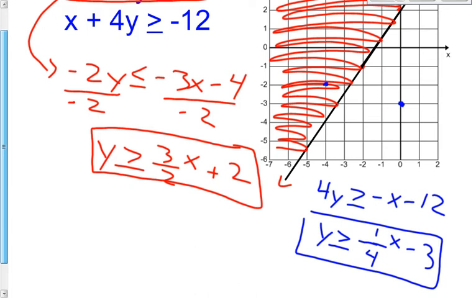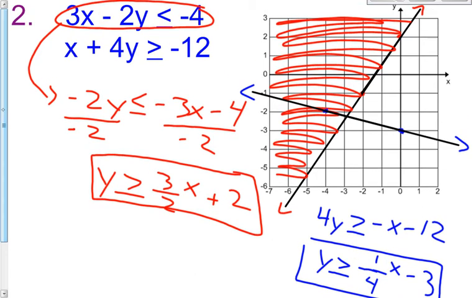And I'm going to connect these two with a straight edge. And this one I'm going to shade vertically. So I'm going to shade up and down, and it's everything greater than or equal to, so it's everything above the line.